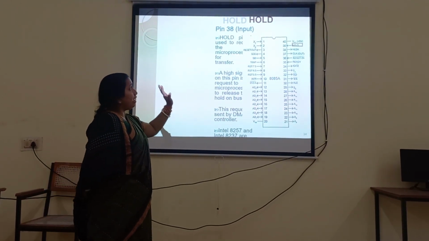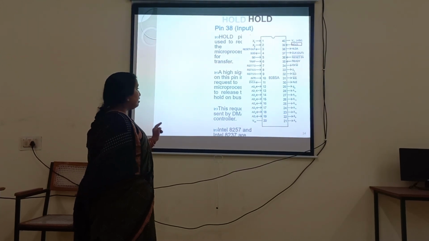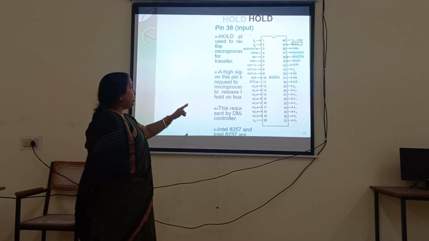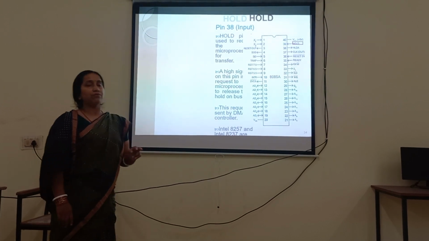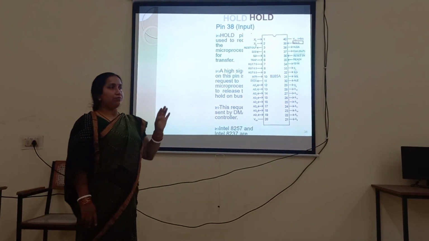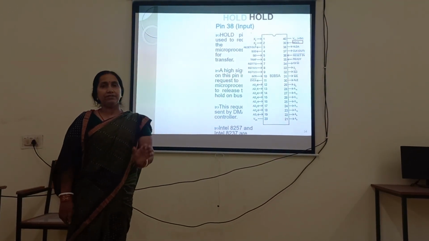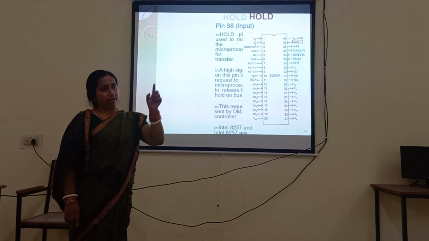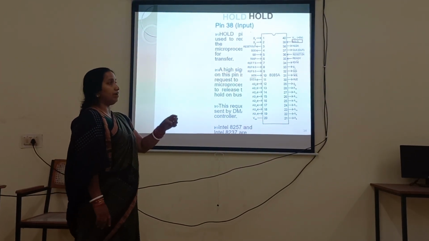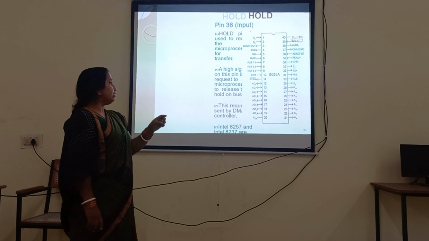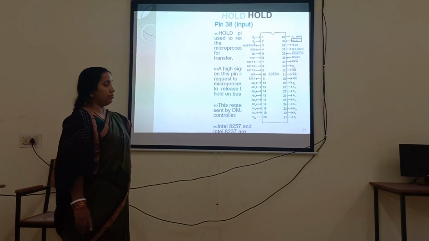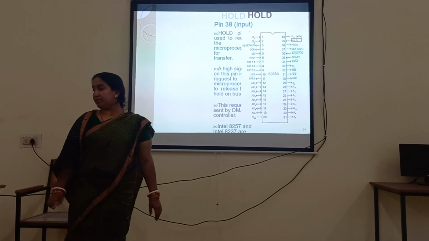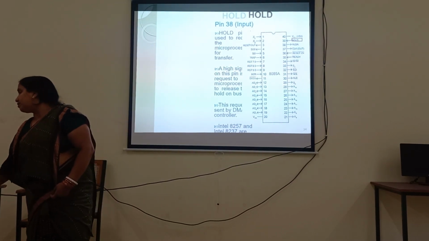It is also an active high signal, and this is used for the DMA controller. DMA means direct memory access controller. When we are not using any peripheral interfacing device and we are contacting the DMA device, which is the 8257 IC, then this hold signal is used. And 8257 is nothing but the DMA IC.